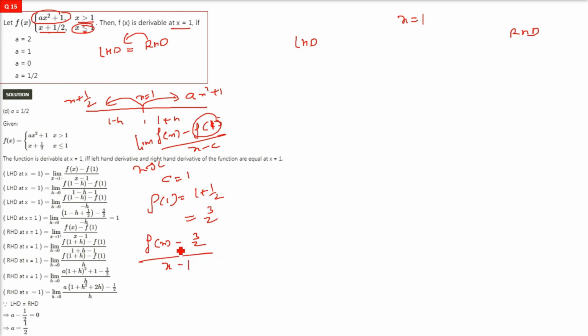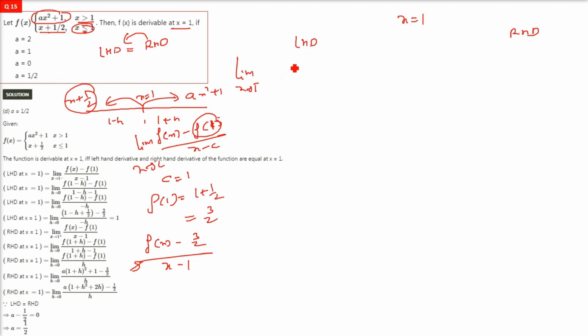This is a simplified version which I made, and we are going to put f(x) depending upon left and right. If you go to the left, it is (x plus 1) by 2. So limit x tends to 1 minus, that is on the left.